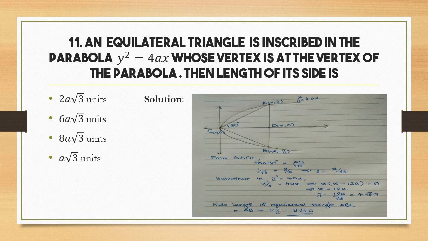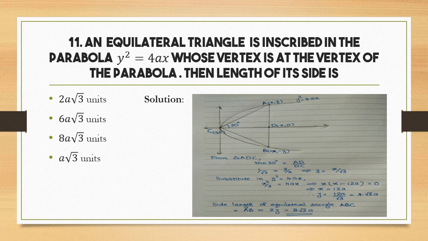So what I have done here is I took the right angle triangle ADC and I took tan 30, because tan gives opposite by adjacent. So in this vertical right angle triangle, tan 30 is given by opposite by adjacent, AD by DC. Therefore tan 30 is 1 by root 3. AD is a line parallel to the y axis, therefore y. DC is a line parallel to the x axis, it is x. So y equals x by root 3.